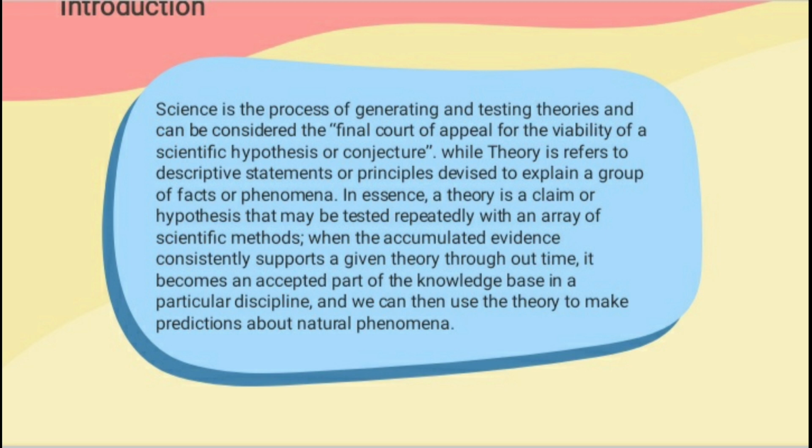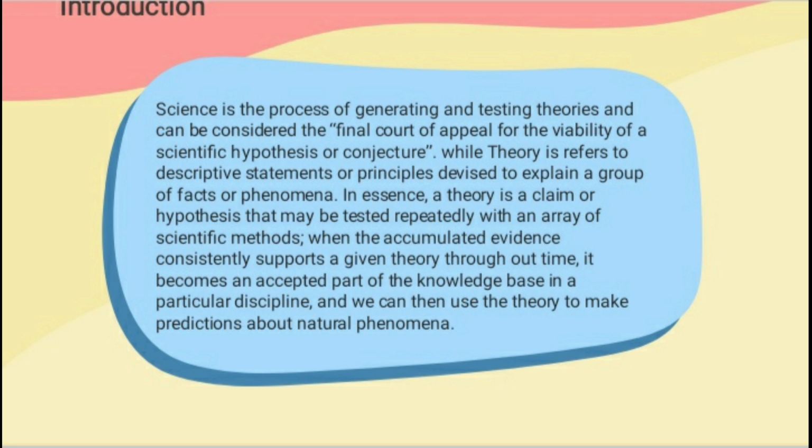And the theory refers to descriptive statements or principles devised to explain a group of facts or phenomena. So in a sense, a theory is a claim or hypothesis that may be stated repeatedly with an array of scientific evidence.